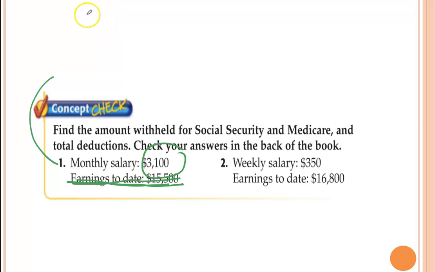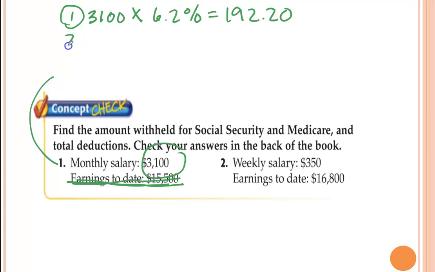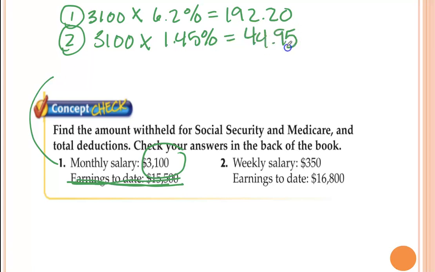So step 1, I'm taking 3100 times 6.2% equals 192.20. Number 2, then I'm taking that same number and multiplying it by 1.45% equals 44.95. So you have your Medicare and your Social Security.